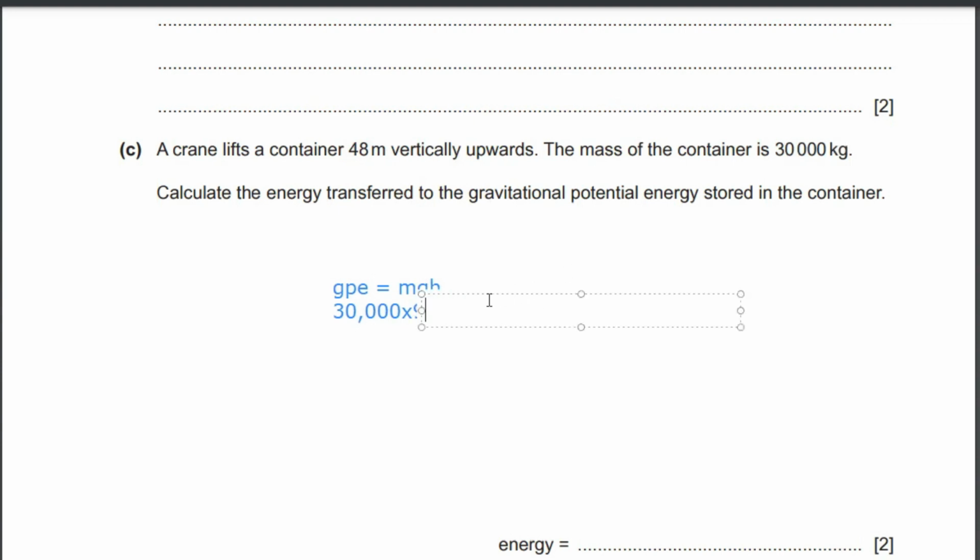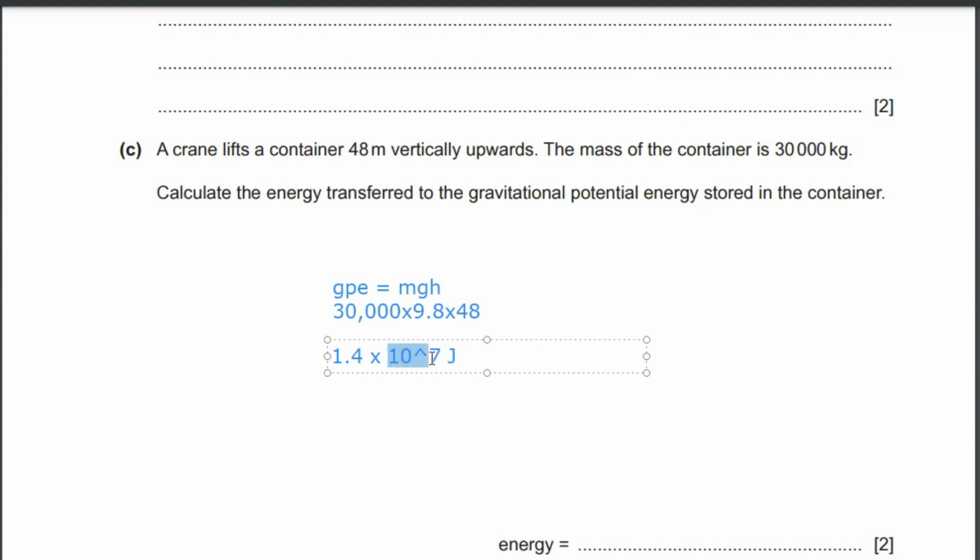And g is already in meters per second squared. So the answer would be 30,000 multiplied by 9.8 multiplied by 48, which comes out to be 1.4 times 10 to the power 7 joules.